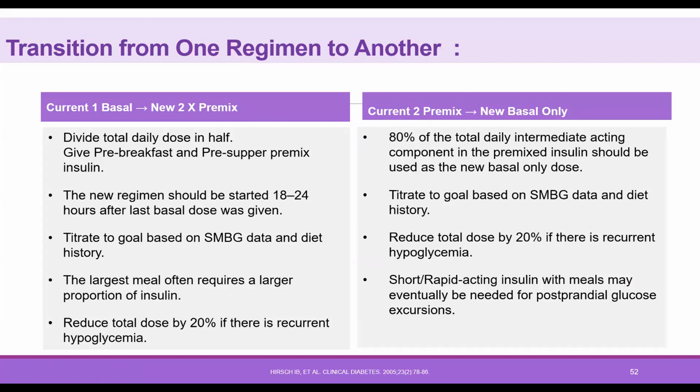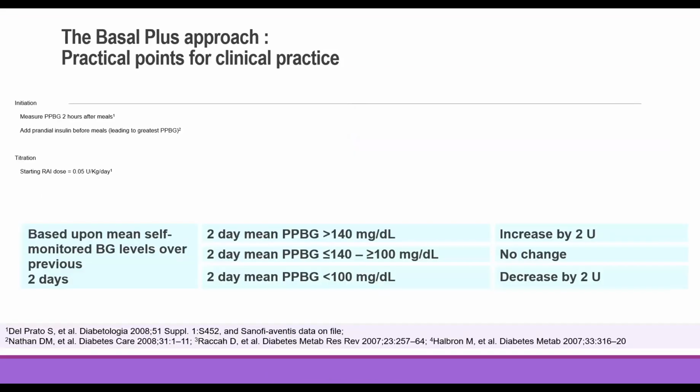So 28 units is the basal insulin, and 80% of the 28 units, roughly around 22 units, we have to give as a basal dose. And the rest we have to divide into short-acting insulin depending on the meal time and also the amount of the meal. So this is the titration algorithm as far as the basal bolus approach is concerned.